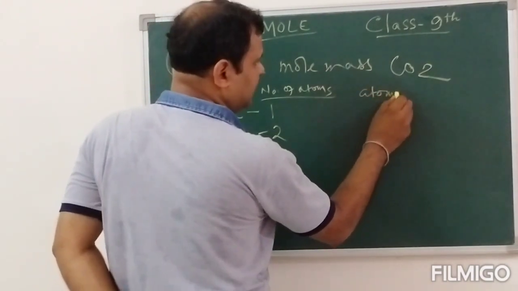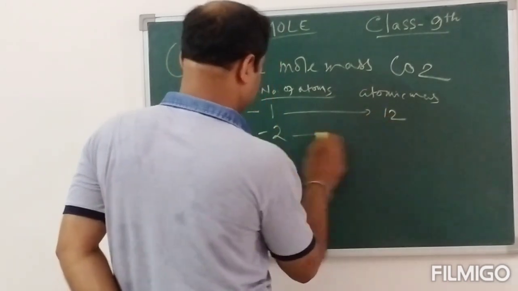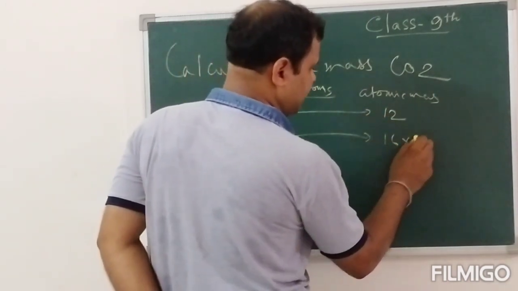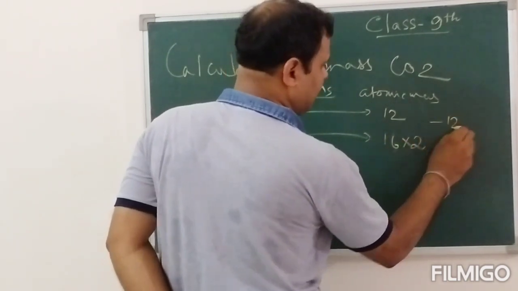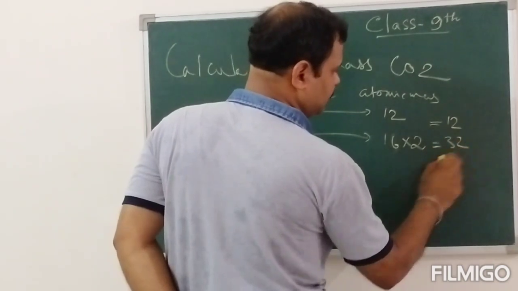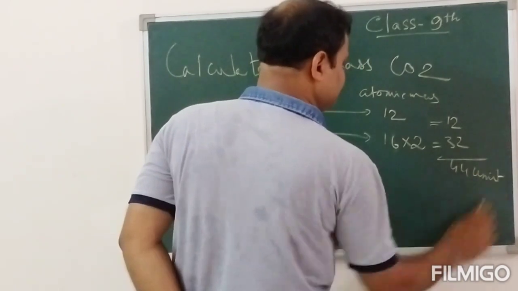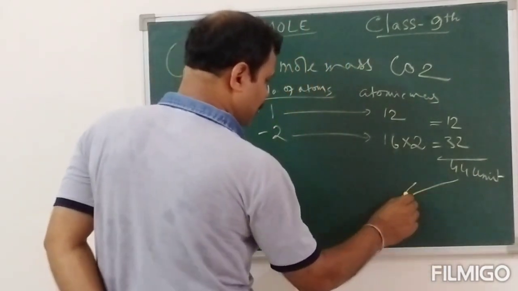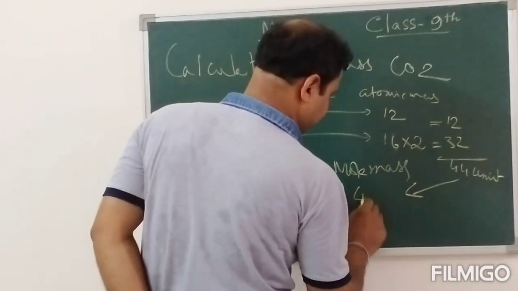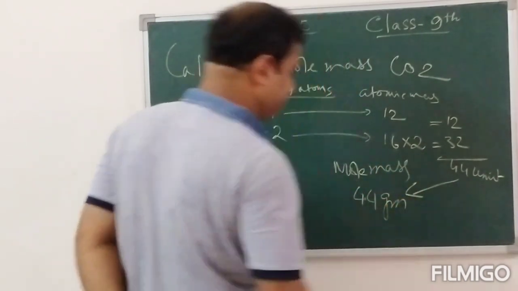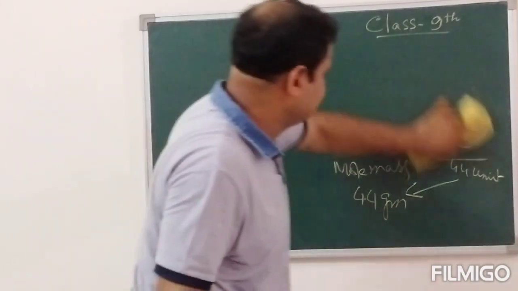Atomic mass: carbon is 12, oxygen is 16, and there are 2 of them, so it is 12 plus 32, which is 44 unit as a whole. So the mole mass will be 44 gram. Okay?